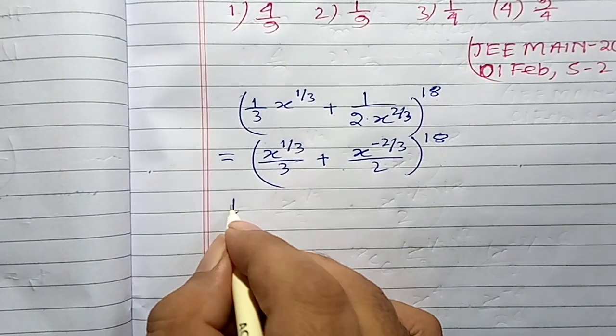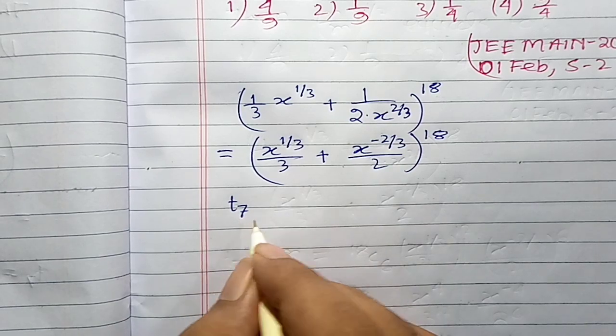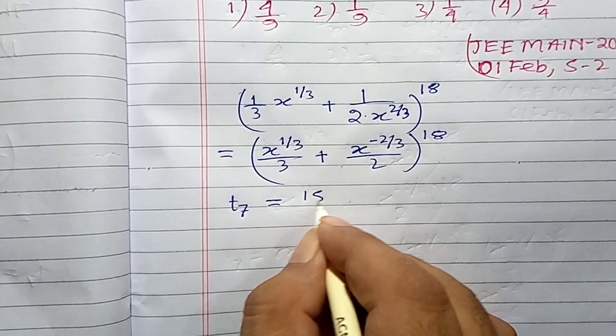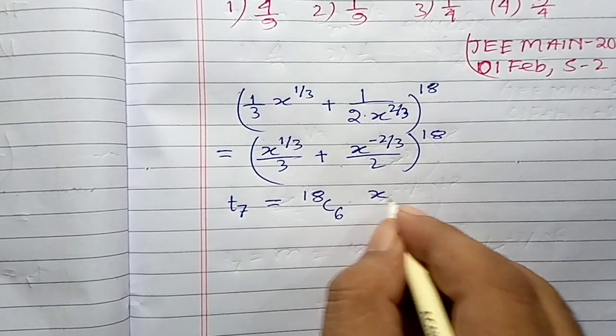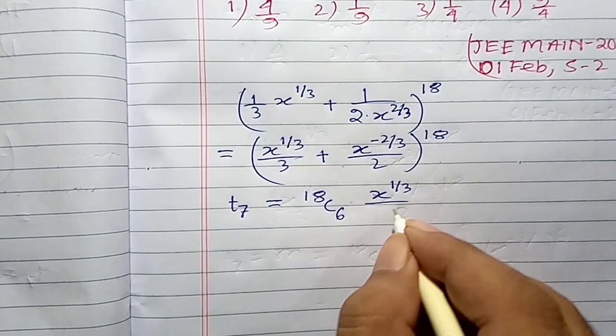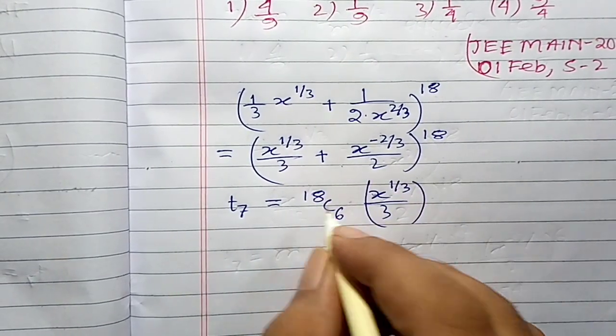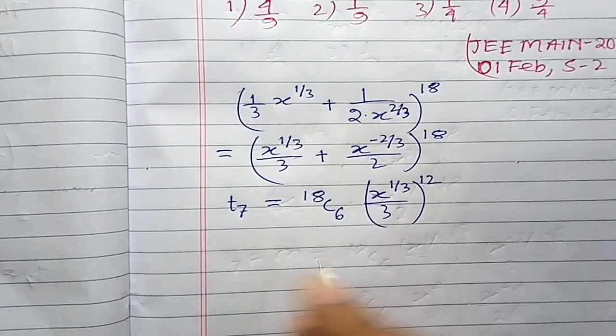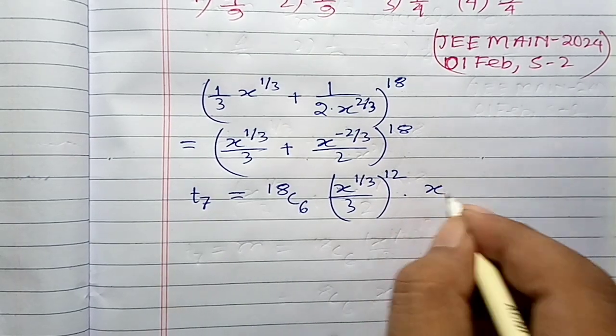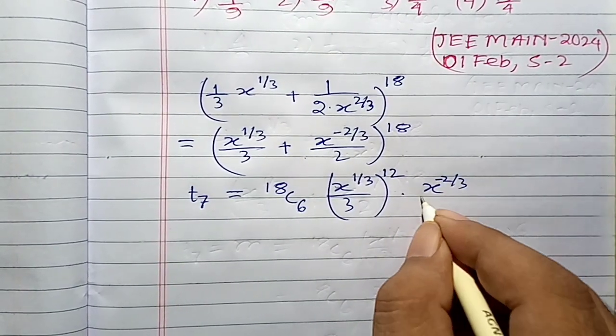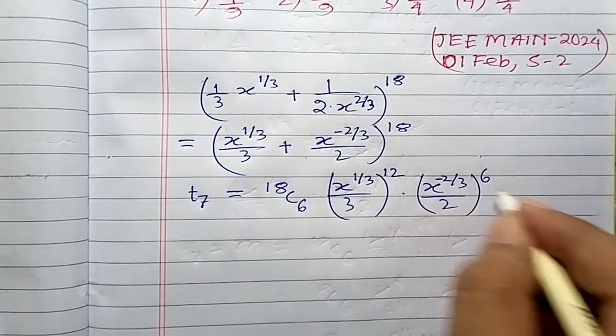सेवेंथ टर्म विल बी T7, which will be 18C6 (x^(1/3)/3)^(18-6), which will be 12, now into (x^(-2/3)/2)^6.